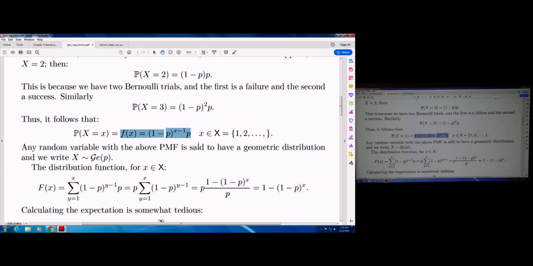You have independent and identically distributed Bernoulli trials with success probability p, and x represents the number of trials up to and including the successful event. A random variable with this type of probability mass function, with the support 1, 2, 3, 4 off to infinity, is precisely said to have a geometric distribution.